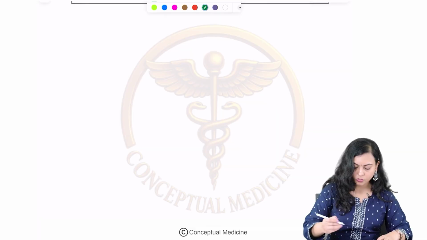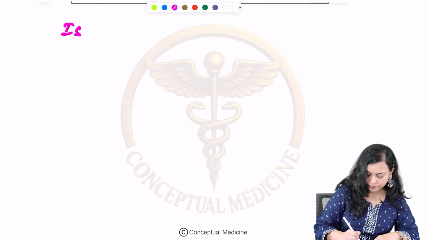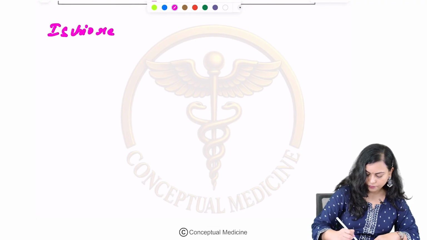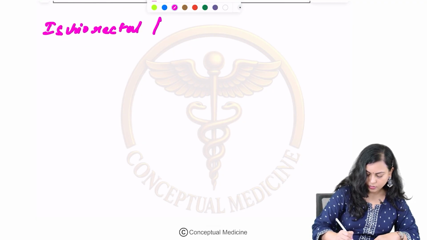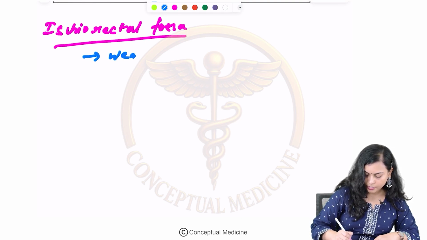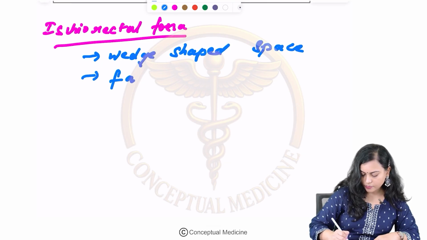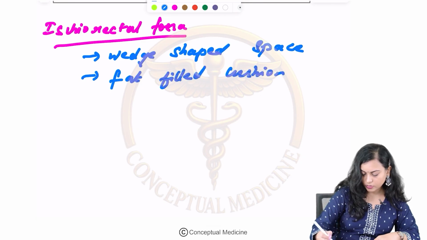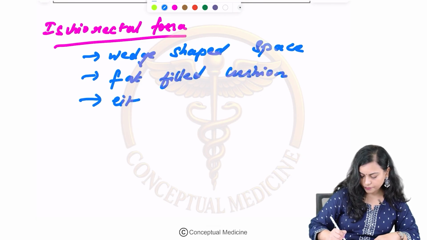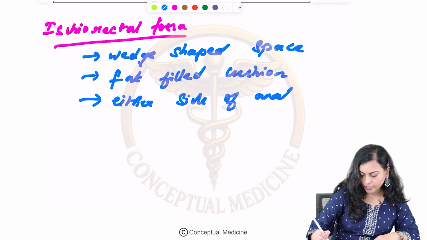So ischiorectal fossa is basically a wedge-shaped space, in other words, you can tell it is a fat-filled cushion, seen on either side of the anal canal.